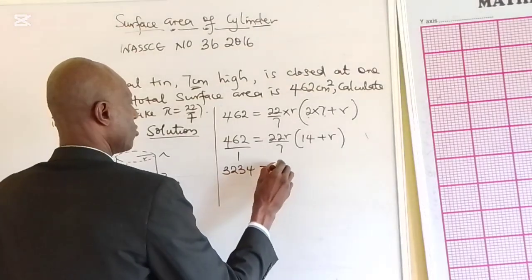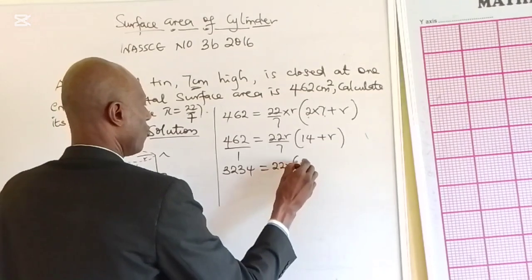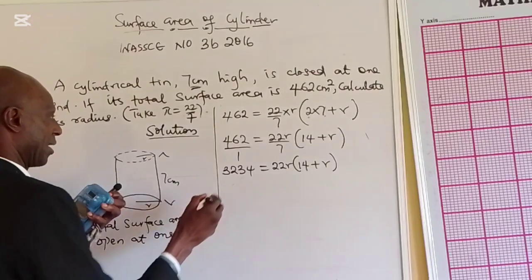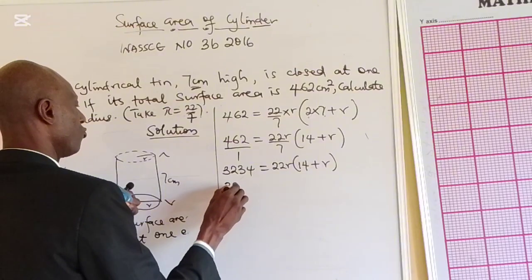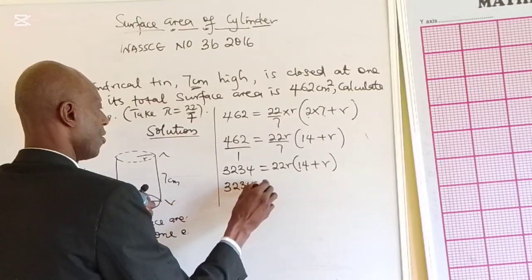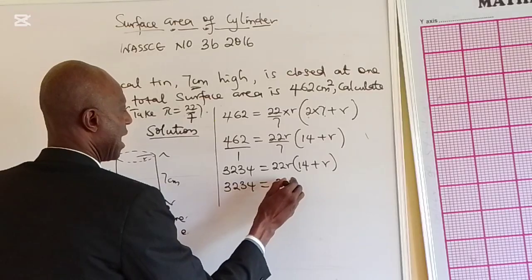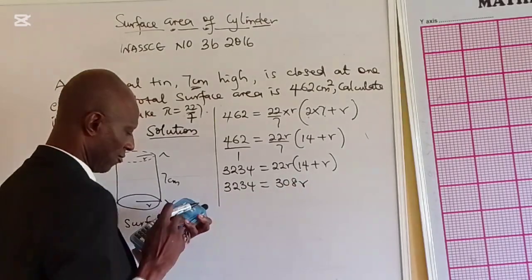So here will be 22r into 14 plus r. Let's open the bracket. 3234. When you use 22 to multiply, it gives us 308r. Let's confirm.